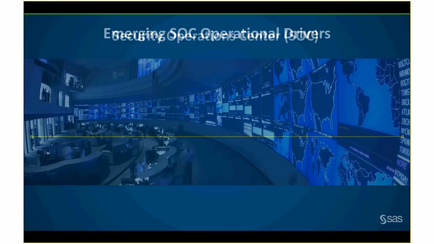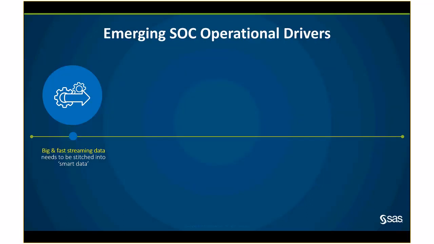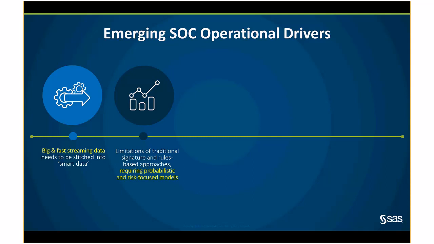Now, some of the key drivers that have emerged quite recently that are pushing data science to the front as a way to assist these SOCs is that there's more and more data. So there's big and fast streaming data. The traditional methods that cybersecurity professionals use, which are rules and signatures, are increasingly ineffective, which is that they result in too many alerts.